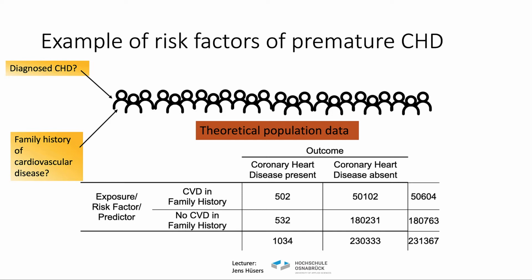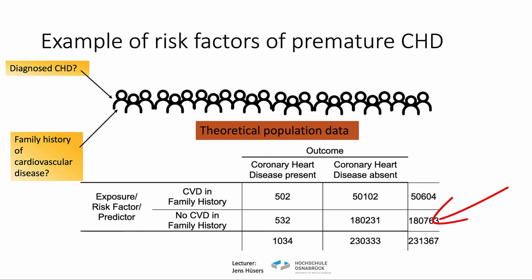The inner cells show the number of individuals for each possible combination of both variables, the risk factor in the rows and the outcome in the columns. The margins show the number for each category. For example, 50,000 individuals were exposed to the risk factor opposed to 180,000 that were not.